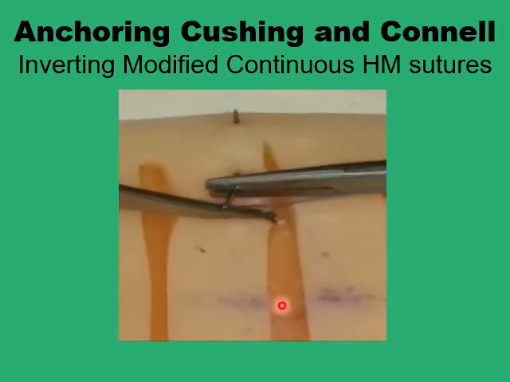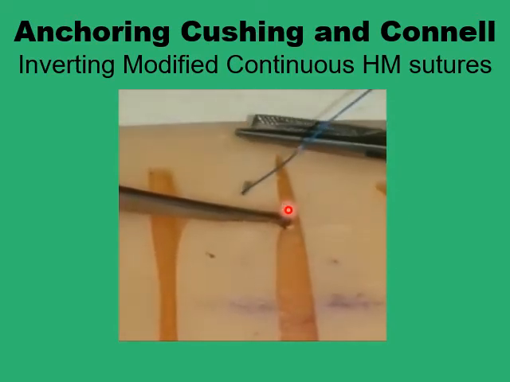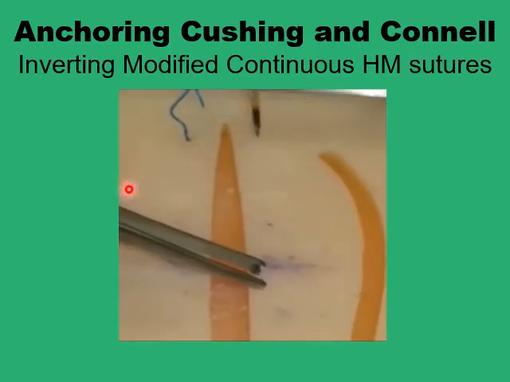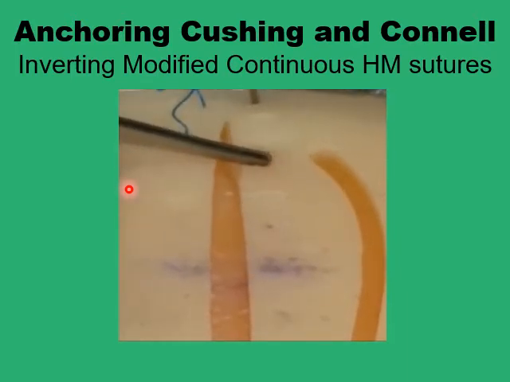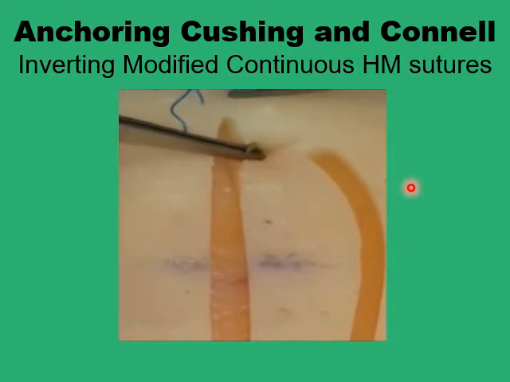So you start just below the apex of the wound, but you go beyond the apex on the other side of the apex of the wound, and then return back after changing the needle direction, and this is how you form the first horizontal mattress suture in there.